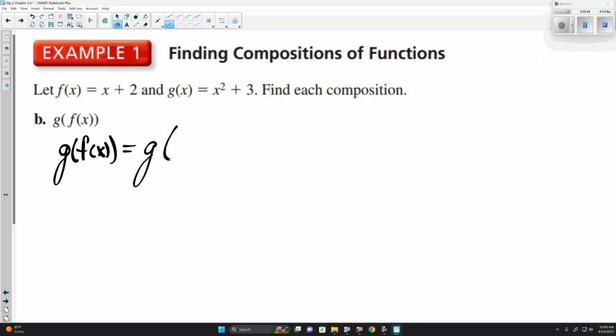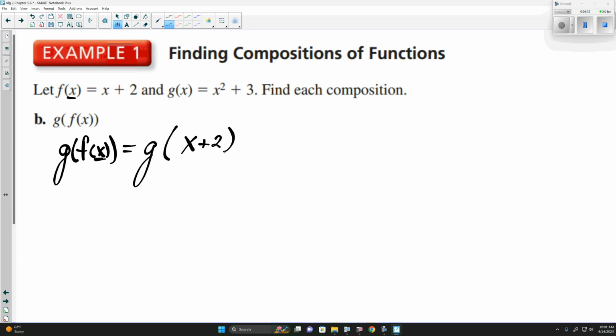For the first one, f of x, essentially we're going to replace every x in f of x with x, which just gives us the exact same function. So it really doesn't make a difference.